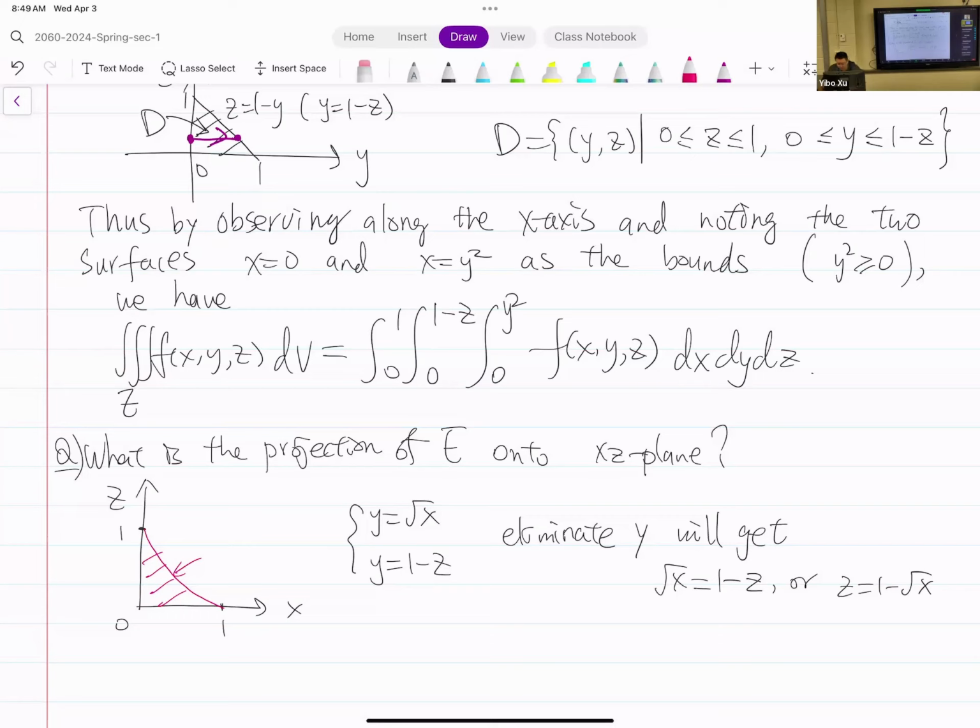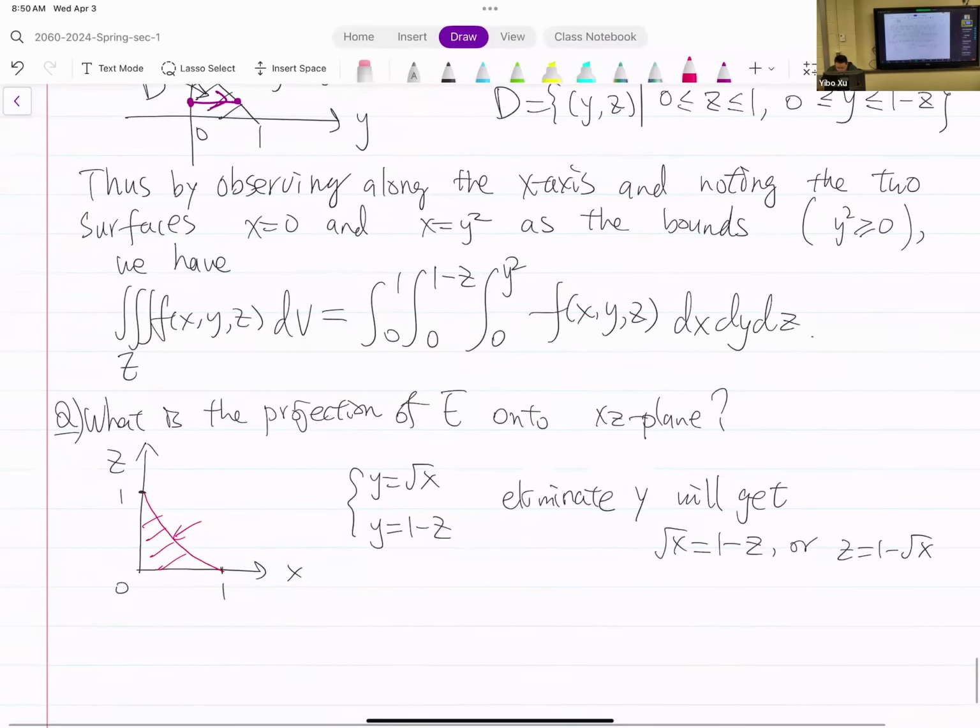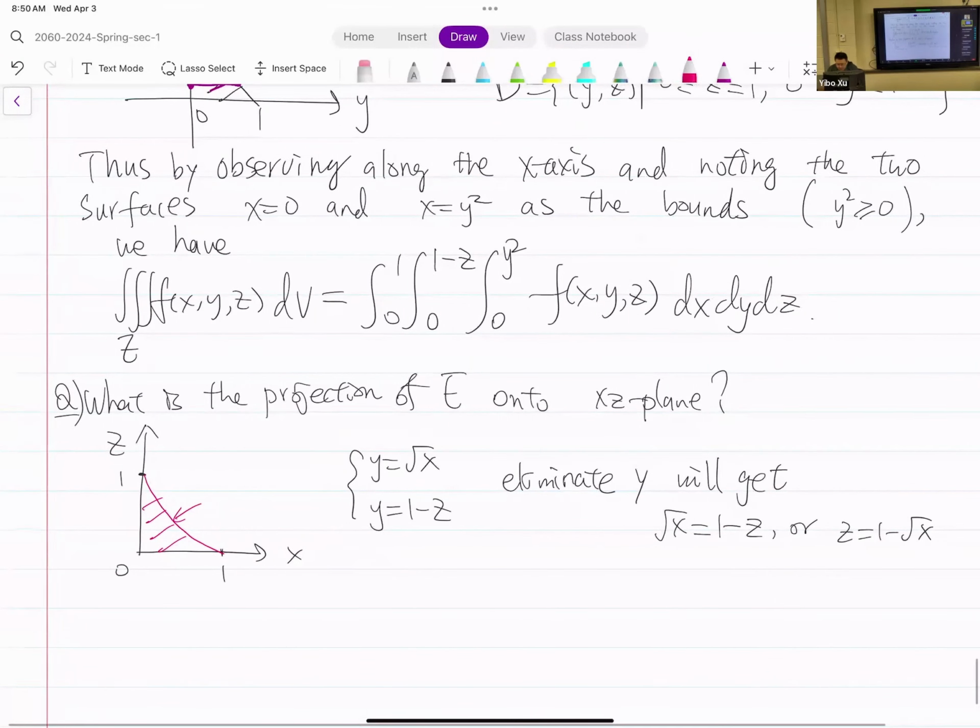So if you're looking at the description of the region within the XZ plane, you realize that within the plane there's no y variable. This is exactly why we put the equations of the surfaces that you are intersecting together and eliminate the y variable.